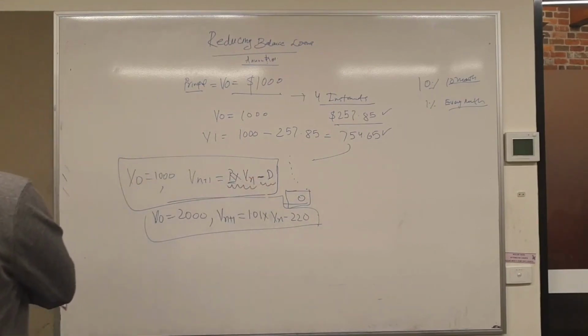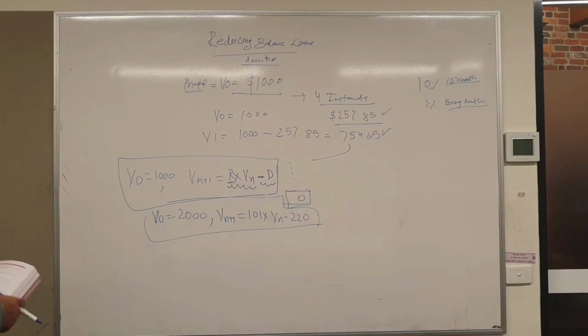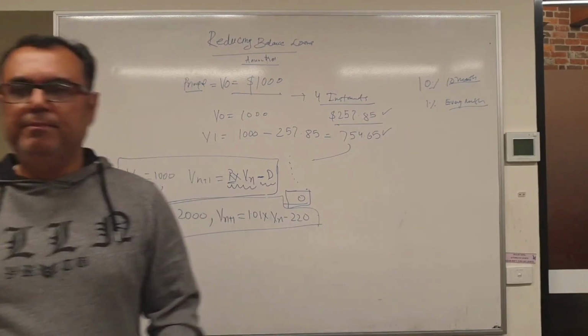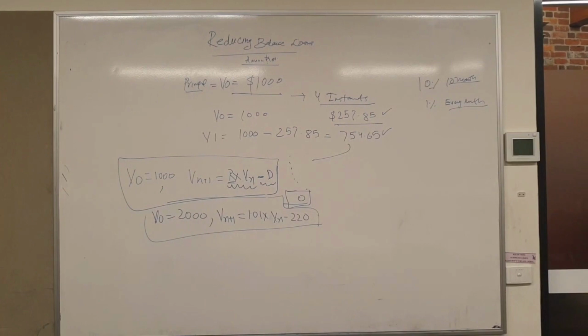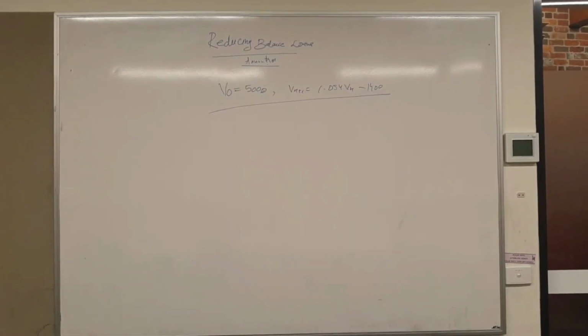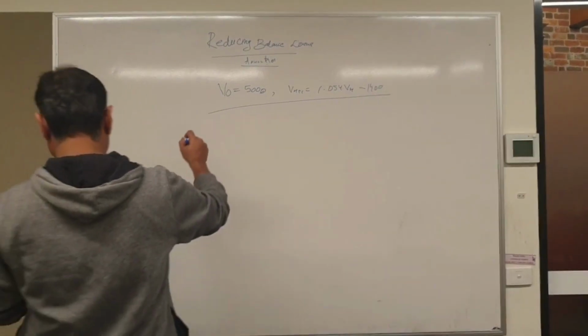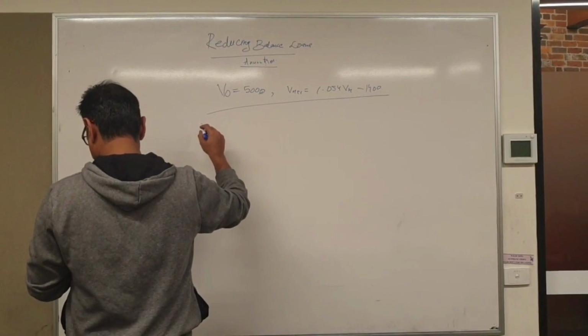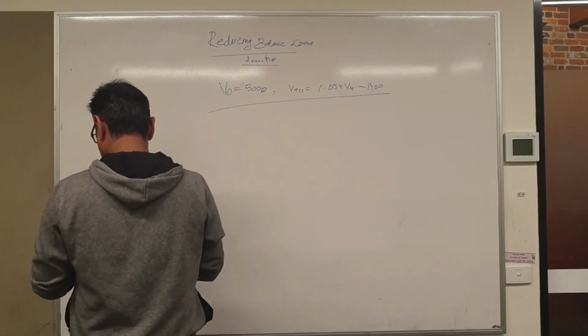Now, can we quickly do question number 1 on 8b? Question number 1 on 8b, please. So that's the answer. Is this correct? Yeah. Who hasn't got this? Ethan, have you got that?